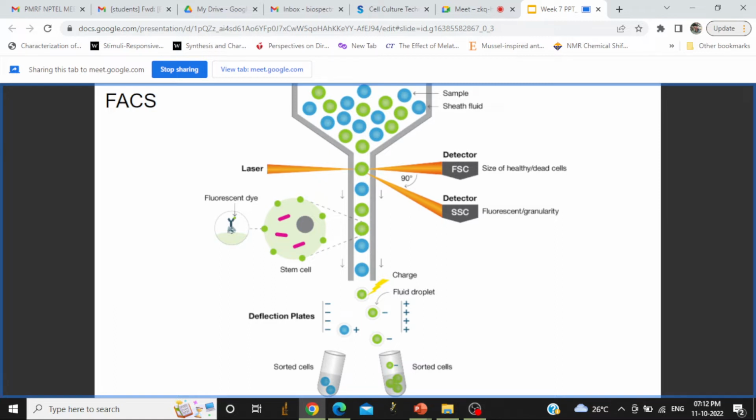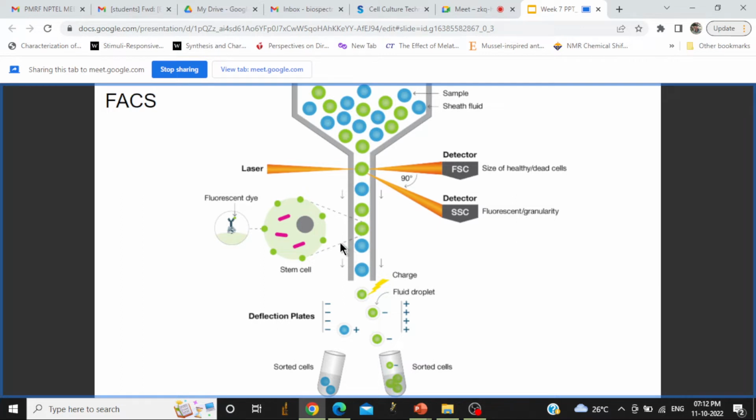What you will do is attach an antibody to those specific markers, and that antibody is also labeled with some fluorescent tag, and that fluorescent tag will help to detect the different types of cells. So these detectors help to detect on the basis of size, or granularity, or on the basis of fluorescent labeling that's present on a specific type of cell.